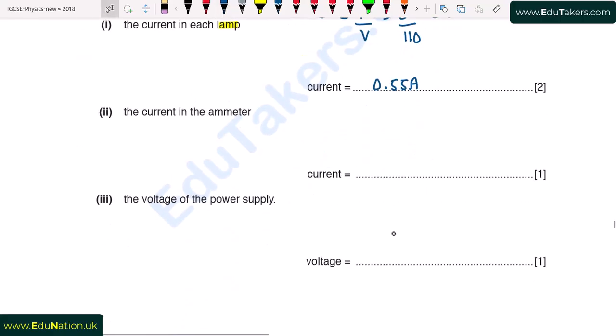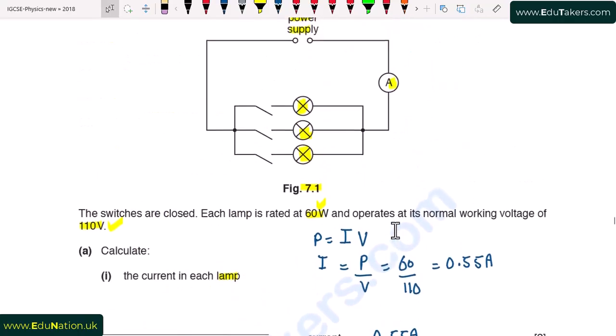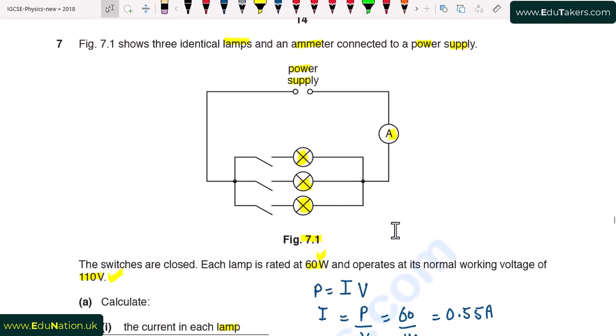Part 2, the current in the ammeter. Here we have to find out the current in the ammeter. For that, going back to the circuit, we can see that these lamps are connected in parallel, and in a parallel combination, the total current is obtained by adding all of the currents. I write here about series and parallel combination.